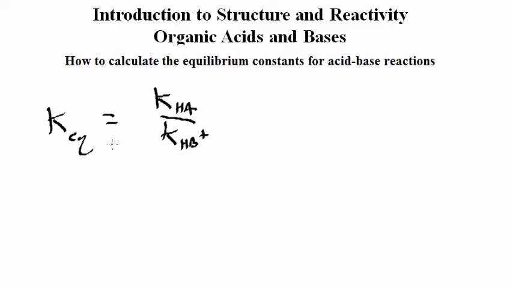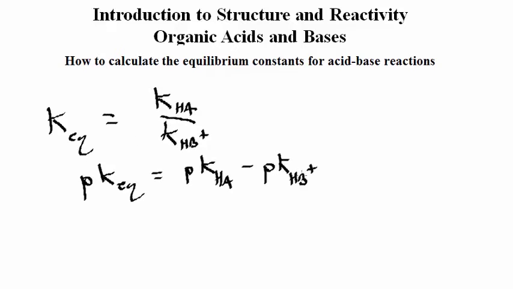If you were to take the logarithm of each side of this equation, we arrive at the expression pKeq equals pKa of HA minus pKa of BH+. Therefore, if we know the pKa values of each acid in the equilibrium, we can then calculate the equilibrium constant for the acid-base reaction using these steps.